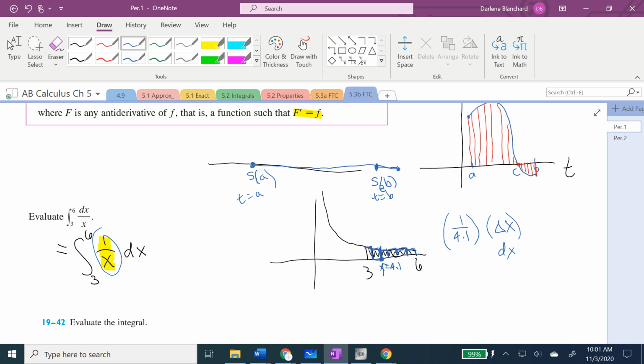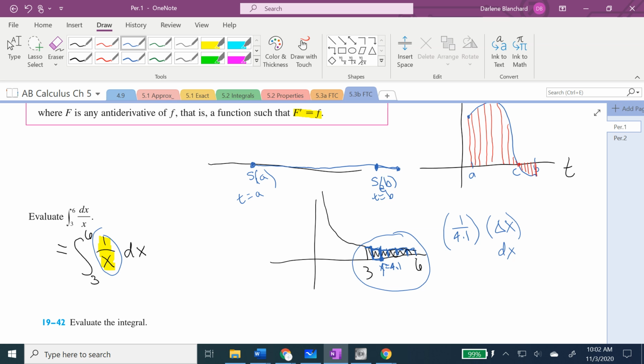Now, I'm not going to solve this definite integral through this process. It is very time consuming and it requires more formulas than we have right now. Instead of solving it by making a bunch of rectangles and adding all their areas together, I'm going to use the fact that the area and the antiderivative are the same.